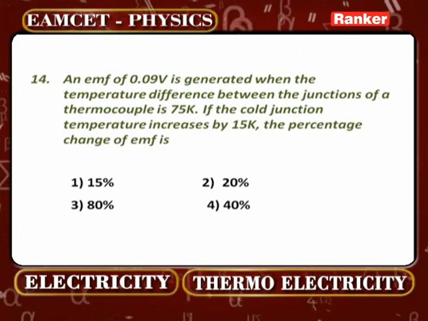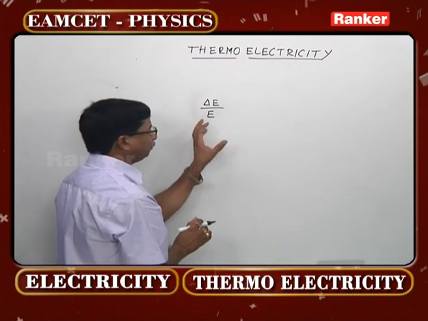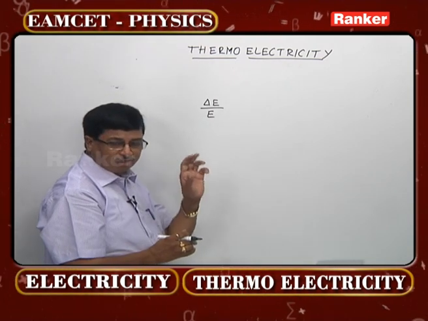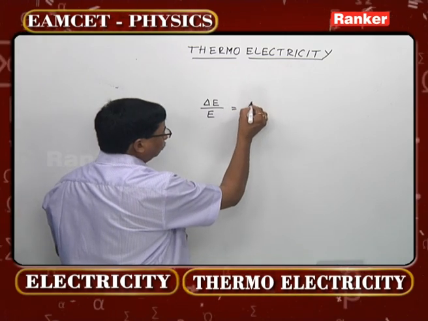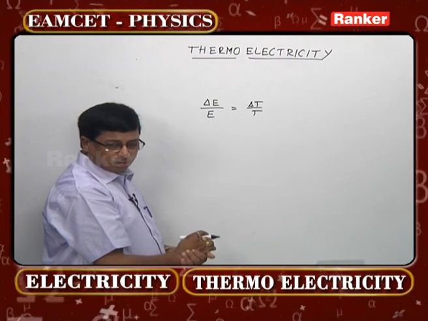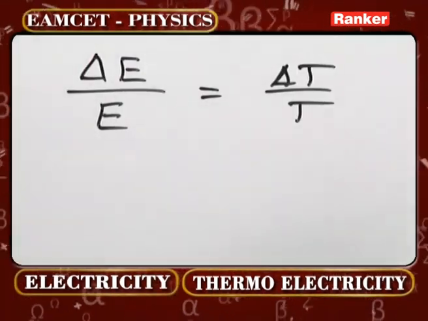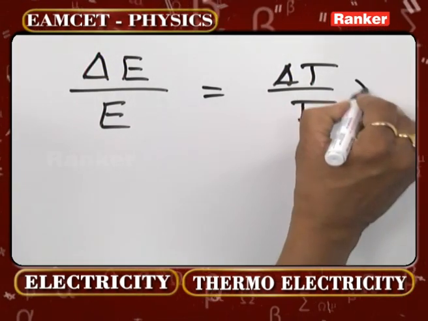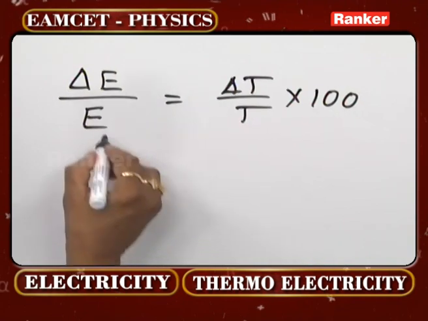Suppose I want change of EMF by original EMF, that is what is called fractional change in EMF. Is it not proportional to change in temperature by original temperature please? Original temperature is given, change in temperature is given. Suppose I want percentage, then I should just multiply this by 100.